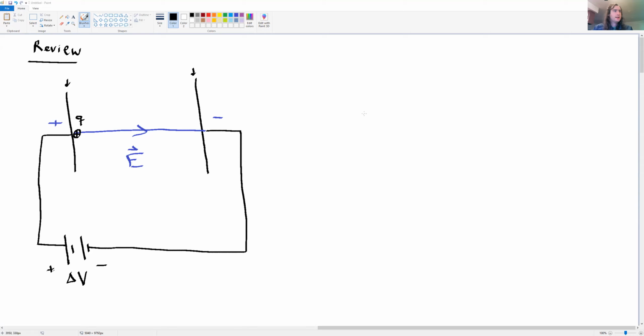So just two plates, connect them to a voltage source, electric field in the middle, and then put a positive charge on the side of the positive plate.